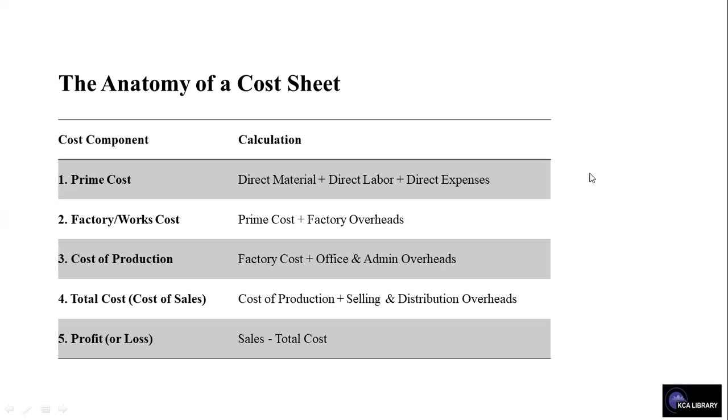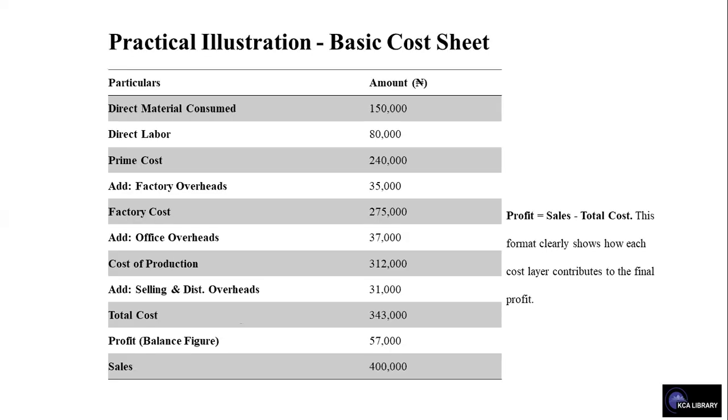Then the cost of production, which is the factory cost plus office and admin overhead. You have the total cost, which is also the cost of sales, calculated as cost of production plus selling and distribution overhead. And we have the profit or loss, which is the sales minus the total cost.